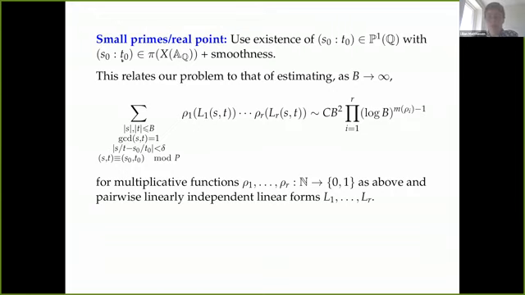If you look at the left-hand side here, you are looking at a sum over a product of multiplicative functions evaluated along a system of linear forms. The system of linear forms turns out to have the correct properties in order to apply results about linear correlations, as mentioned before. The functions that occur are multiplicative functions, and the summation conditions do not quite have the shape they need, but these summation conditions can nonetheless be handled.